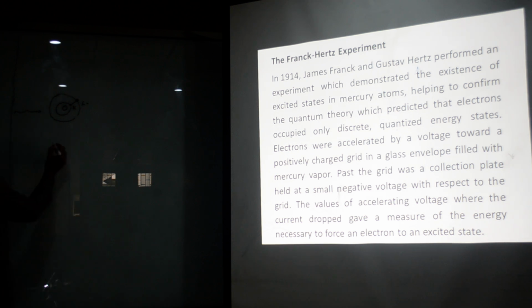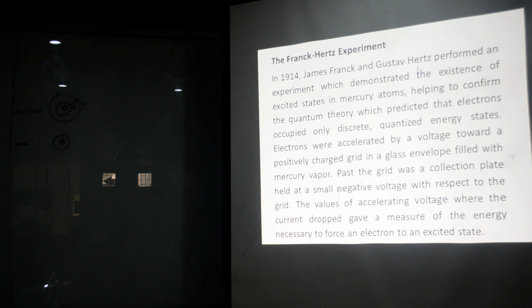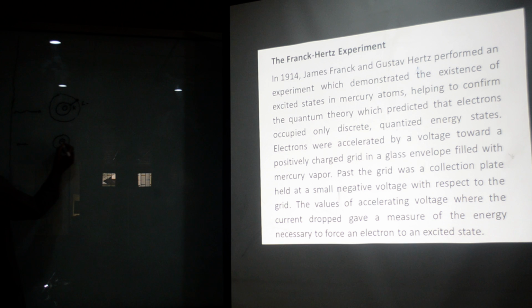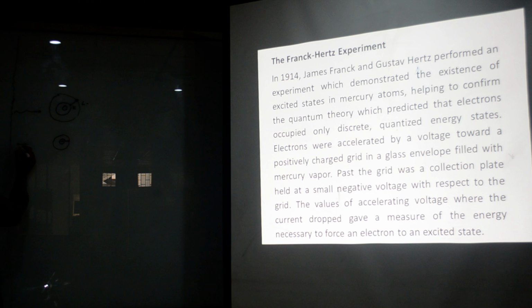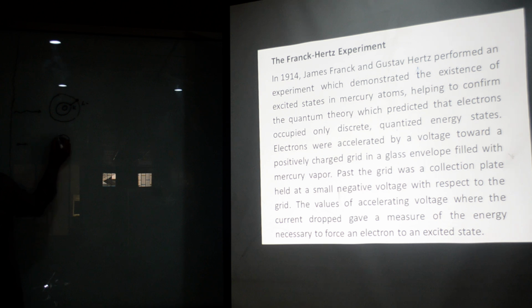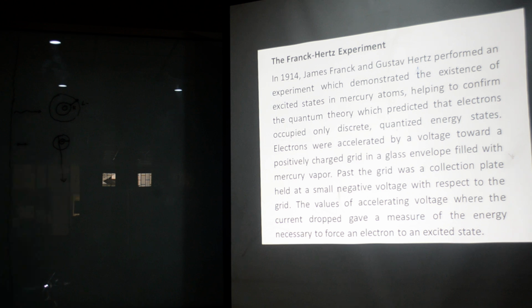Another method can be that I take the same atom and I accelerate another electron. When the energy of this electron becomes equal to the difference in energy between these two shells, this electron will knock out, or rather excite, this electron from here to here, and it will be scattered in a different direction.